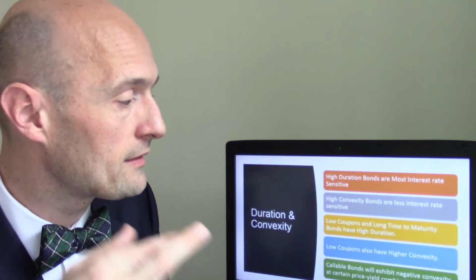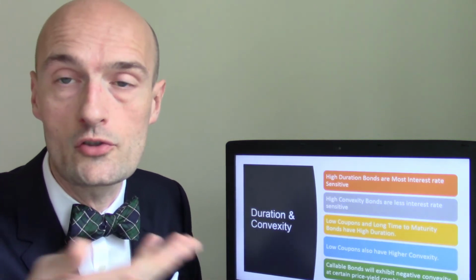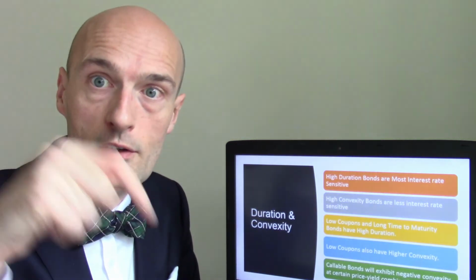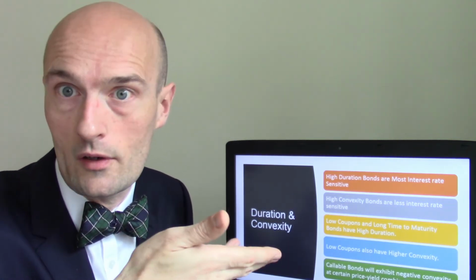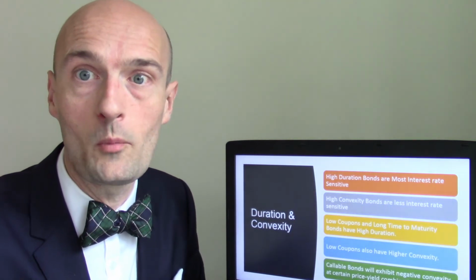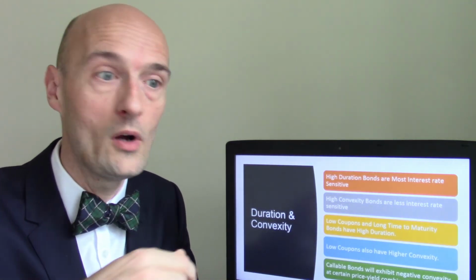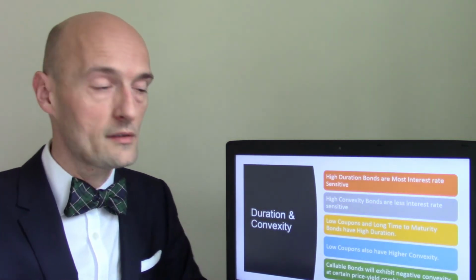Callable bonds will exhibit negative convexity, and that should make sense in that the relationship will change for a callable bond, because obviously if interest rates go down, bond prices go up, but only to a certain extent for a callable bond, because there's a certain point at which the bond will just get called, and so you'll see negative convexity within things like callable bonds.